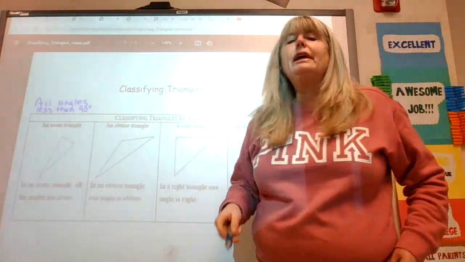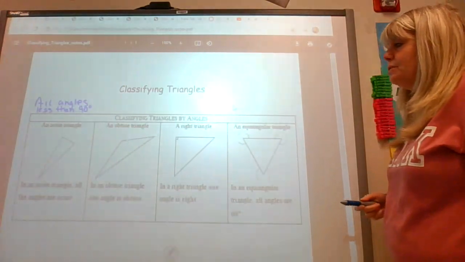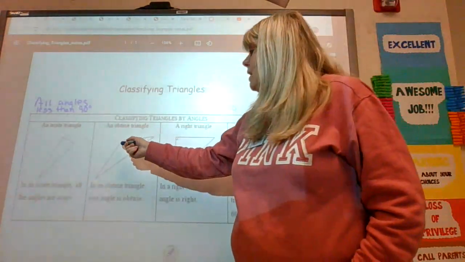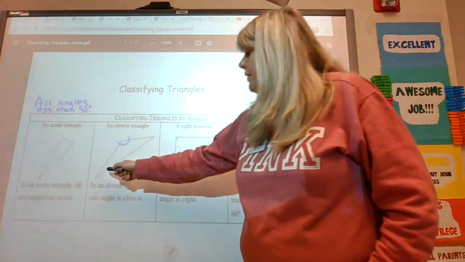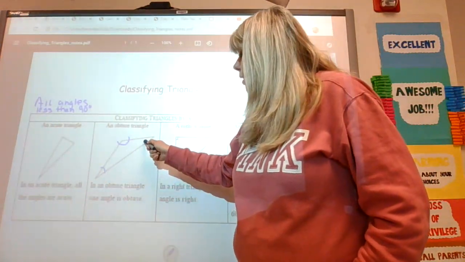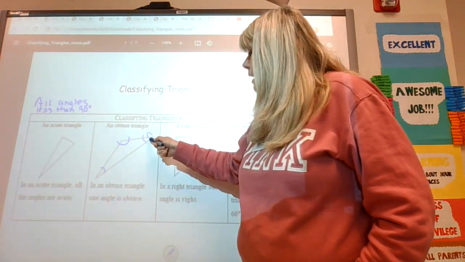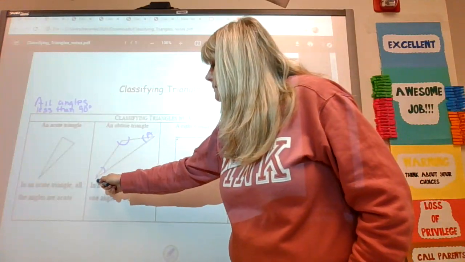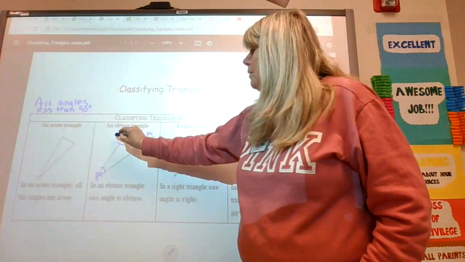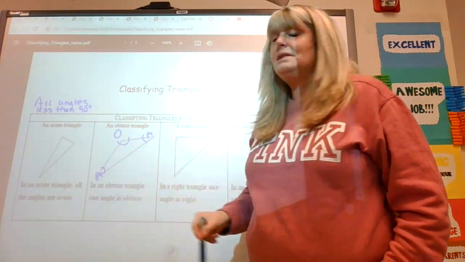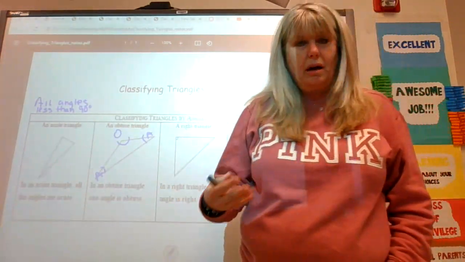Okay, when you look at an obtuse triangle, one of the angles names it. Now, the other two angles are going to be acute. So two are acute, but the one that names it is the one that stands out, which is the obtuse.